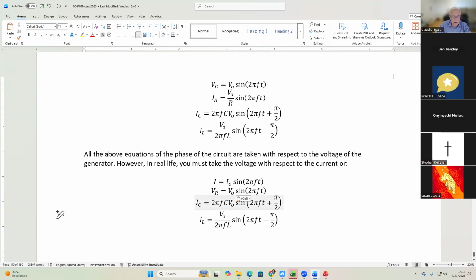Here is the voltage of the circuit having a capacitor, and that also is going to be something like that, but it will have to lag, right? Because the current leads the voltage. Now the voltage must lag the current. And we do the same for the inductor. We get a V naught here as well.